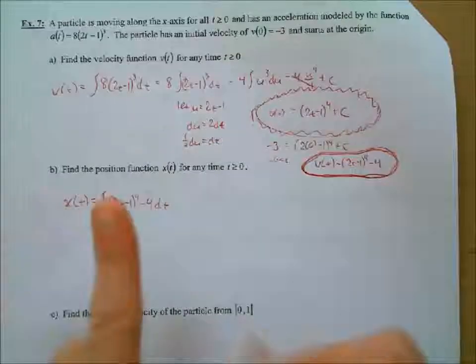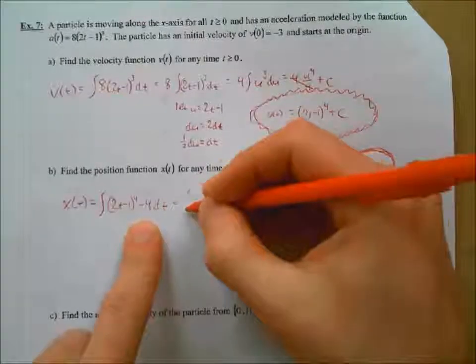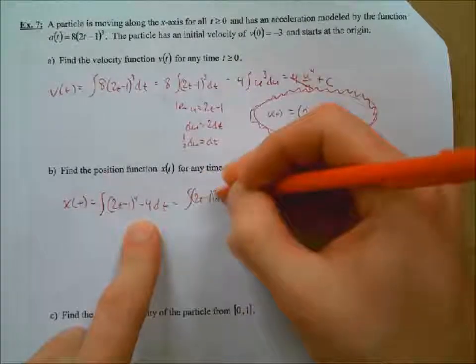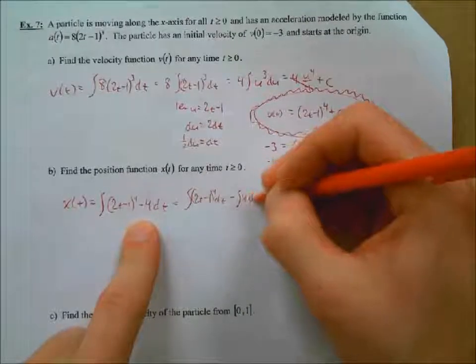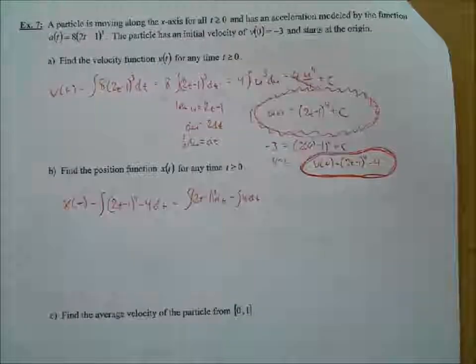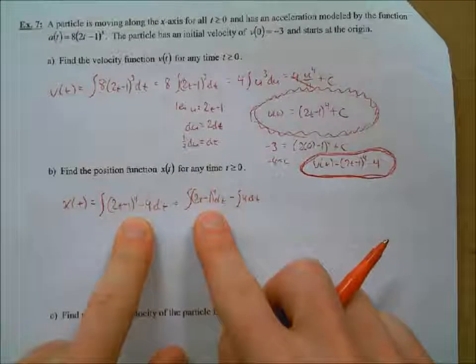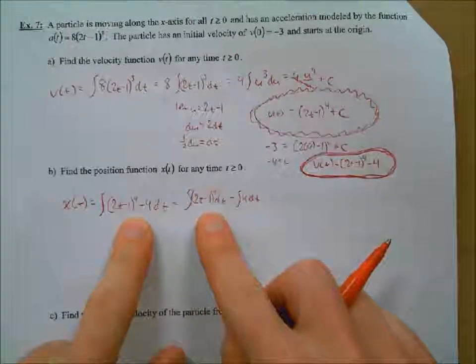Now, because of this minus 4, we should really break this integral up. The minus 4 we can integrate by itself. The (2t minus 1) to the 4th, we're going to have to use u substitution.